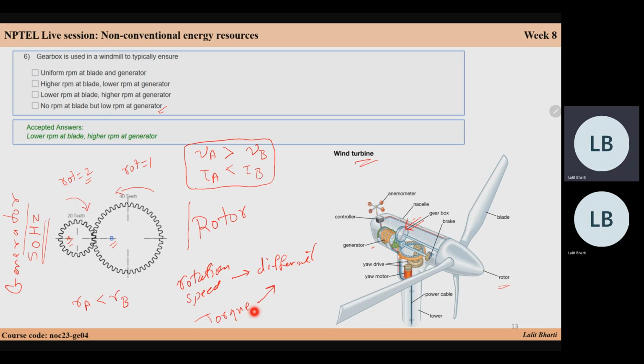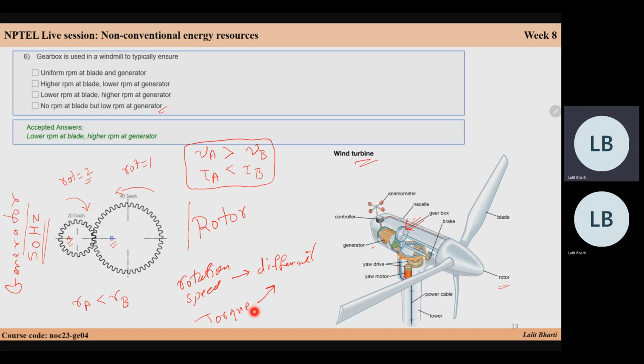So where does the role of the gearbox come in? In most cases, the rotors or blades, this hub, rotate at lower speeds because they are very large in size. So they will be taking a few rotations in a minute.